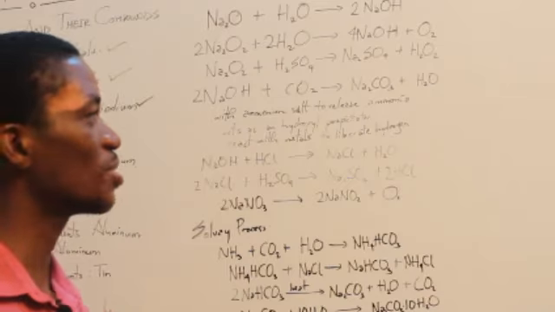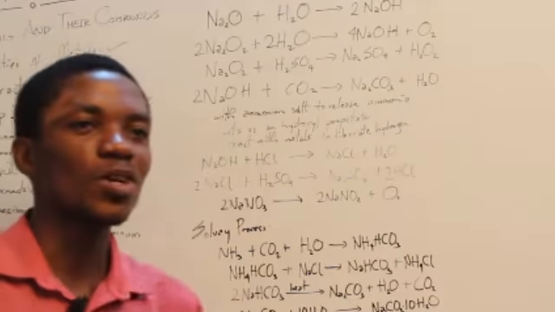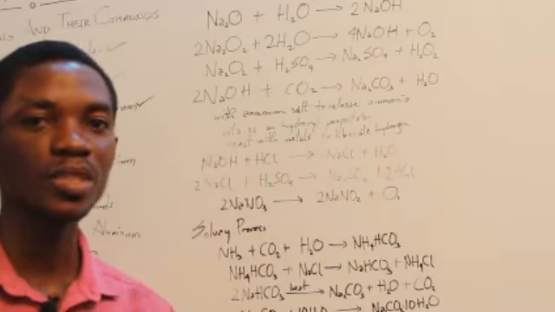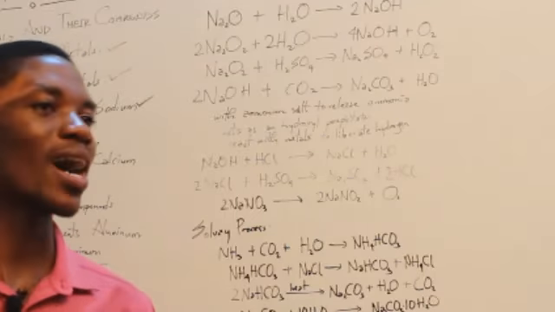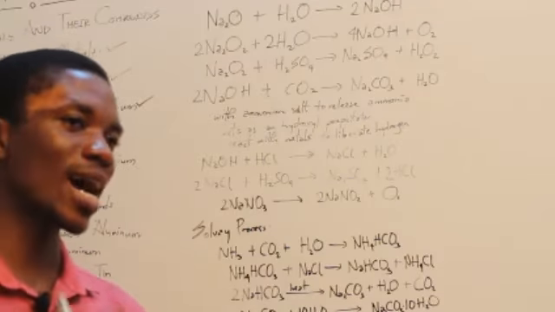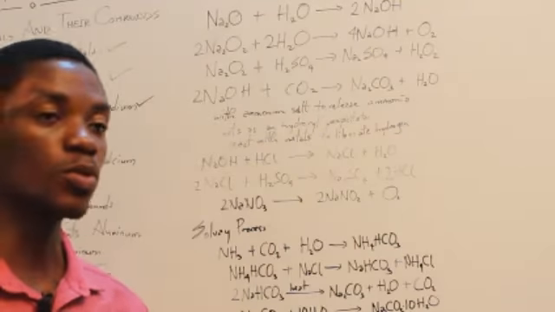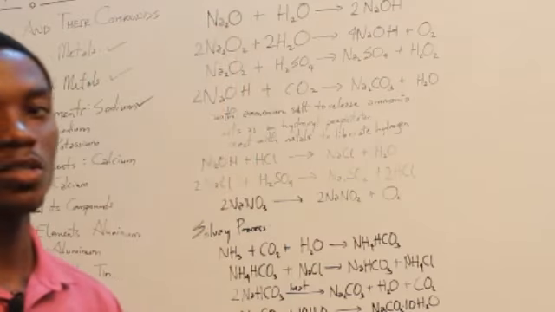Not hydrochloric acid. It reacts violently with cold water. But if you accidentally add it to an acid, it is explosive. So we are always very cautious around sodium oxide.